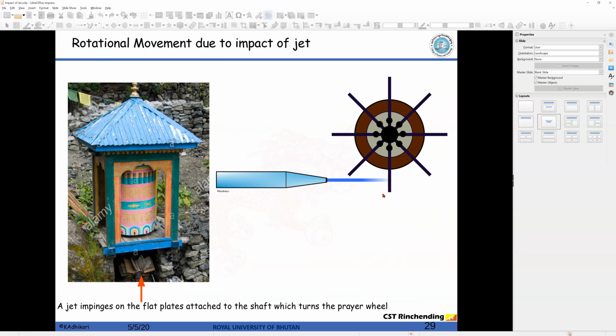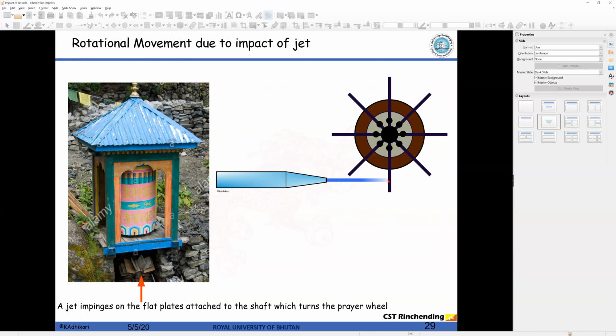So in this case, when you calculate the forces, we have to use the absolute velocity of the jet, not the relative velocity. Understand this: as soon as the jet strikes this plate, obviously this plate moves, but another plate exactly replaces it in this position, which means the jet is constantly striking the same plane, continuously.